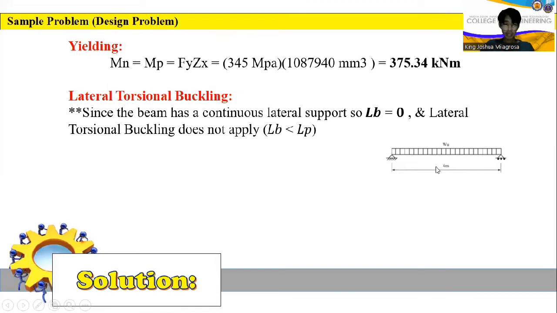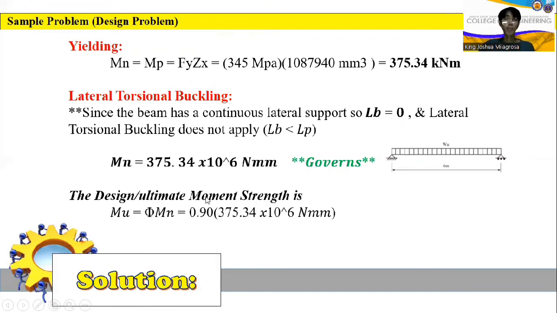So, ibig sabihin, walang magbe-bend dito sa beam natin na ito. So, since yung nominal moment natin is equal to yun nga, 375.34 times 10 raised to 6 Newton millimeter. So, converted na siya from Newton millimeter. So, dito na tayo mag-govern.